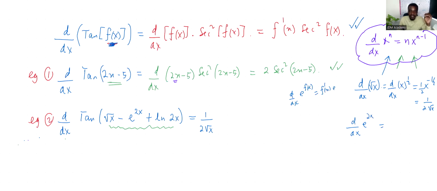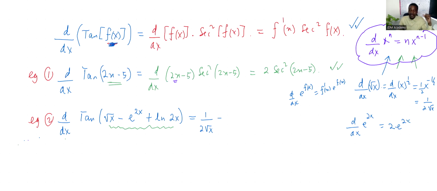So here you find the derivative of 2x, which is going to give us 2, and you multiply by e to the power of 2x. Yes, that's how we differentiate an exponential function. So if we differentiate minus e to the power of 2x, we get minus 2e to the power of 2x.